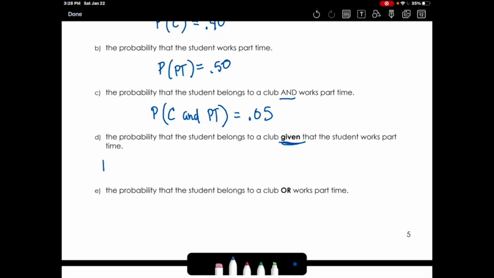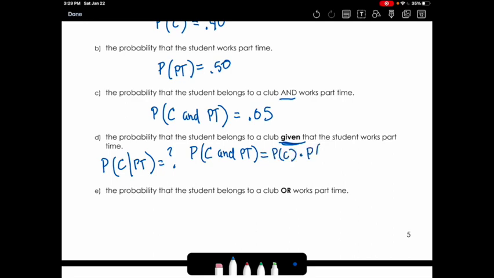Part D says, find the probability that the student belongs to a club given that the student works part-time. So this is a little bit different. We want to find the probability of C given PT. This is what we're trying to find. This one's a little bit harder, but we have all the information to figure it out. Recall that I can write the equation for the probability of C and PT.